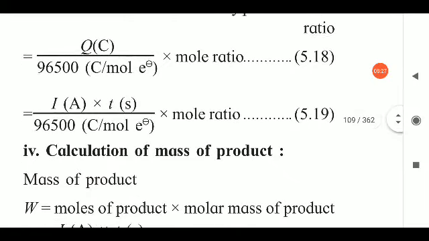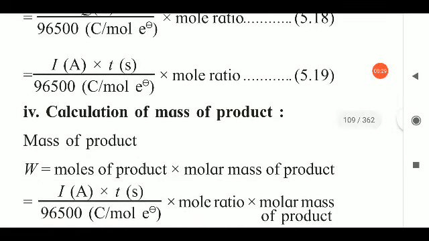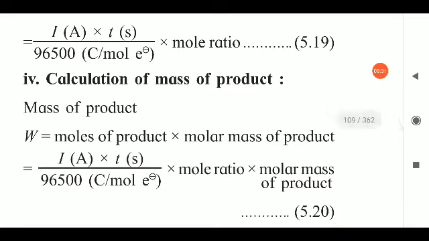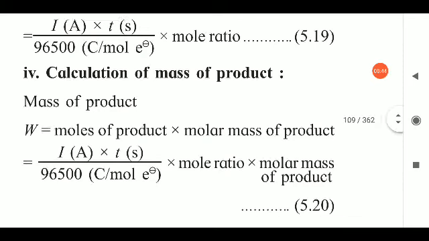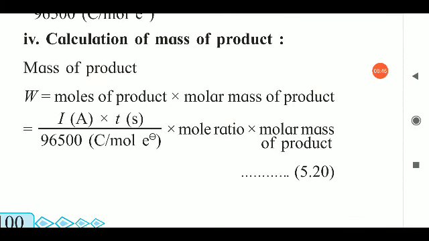By using that formula, the mass of product can be calculated. Now look here, mass of product formed is nothing but W is equal to moles of product into molar mass of product. So by using this, mass of product can be calculated.